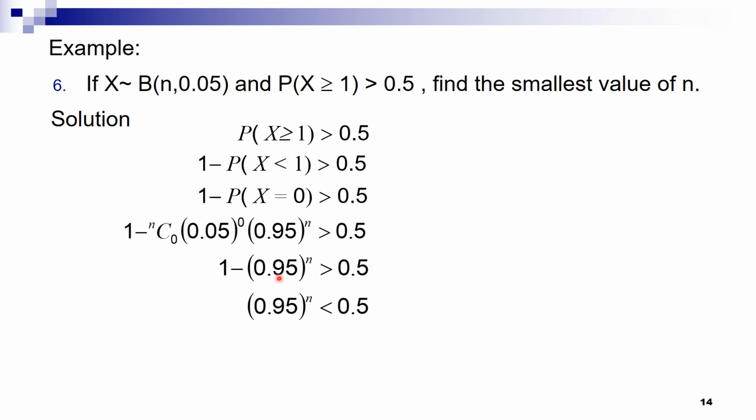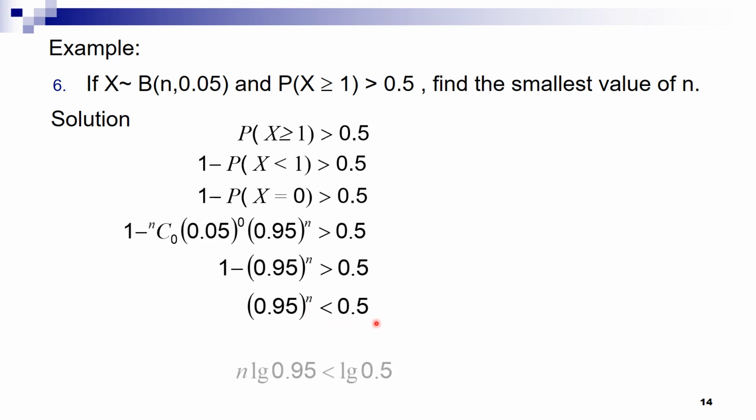So when you divide with a negative value, your inequality changes direction. Remember this, when you divide with a negative value, your inequality changes direction. So you have 0.95 to the power of n less than 0.5.